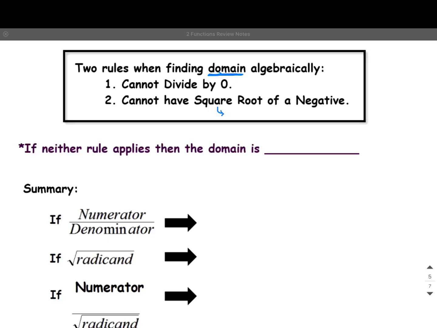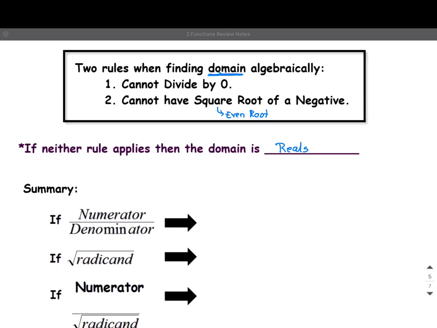So really, you cannot take an even root of a negative number, okay? If neither of those rules apply in the problem, then the domain is the set of all real numbers. So if there's no fraction and there's no even root, no radical, then the domain is all the reals.